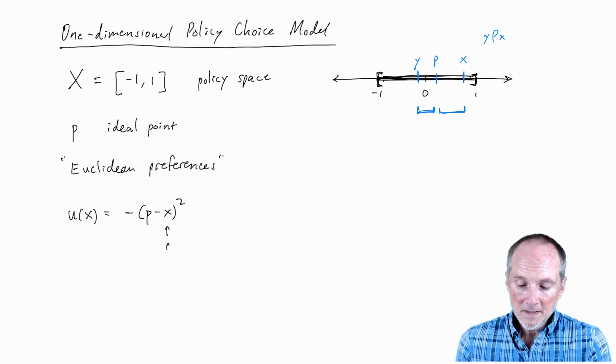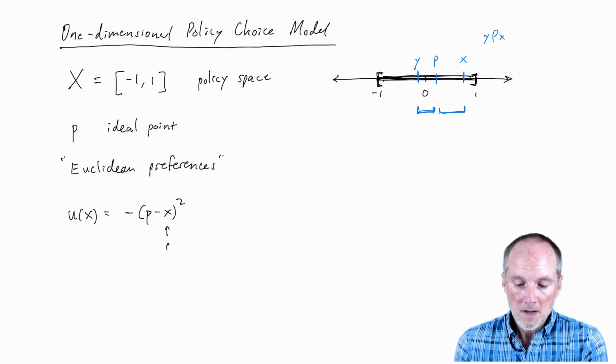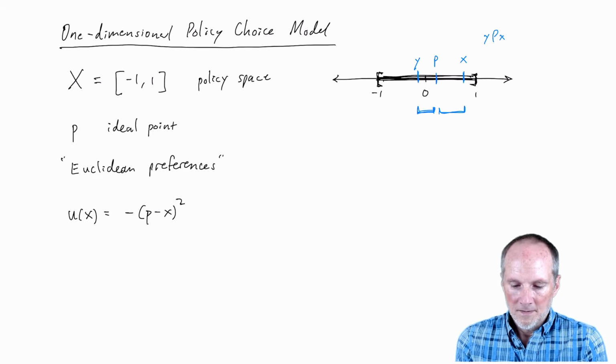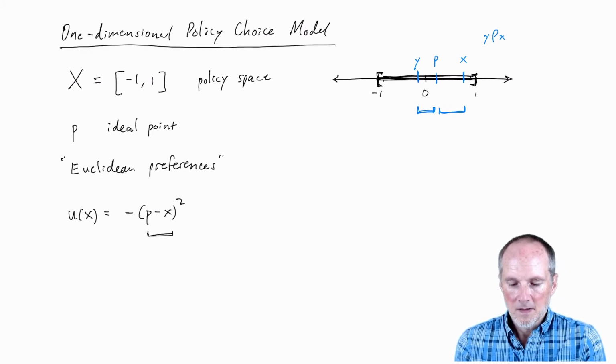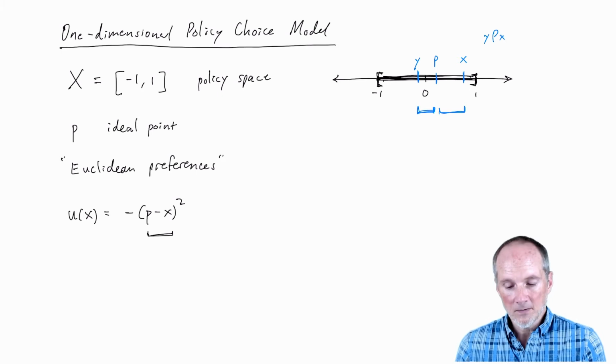What if we plug in something that's further away from p? Well, like an x, then if it's further away from p, then (p minus x) squared is going to get bigger, but we're multiplying by -1, so that means the utility goes down.